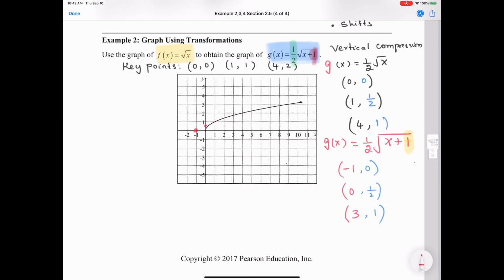And this point 4, 2 would have become 3, comma 1. So what I'm drawing in red is the transformed graph of the given basic library function f of x equal to square root of x, which is a square root function.